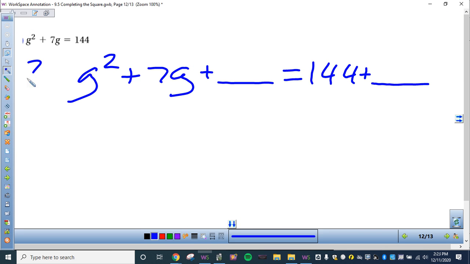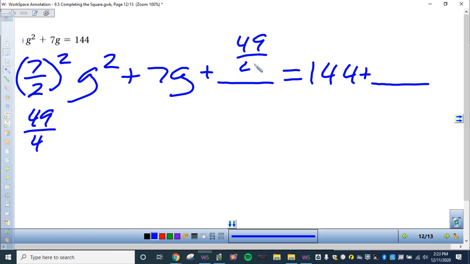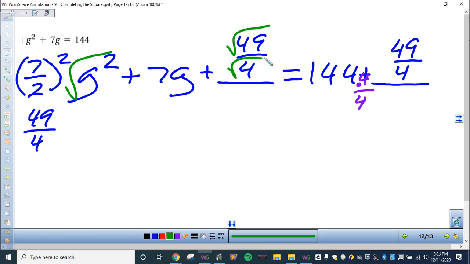Okay, Ashley, 7 over 2 squared, 49 over 4. So we're going to multiply the 144 by 4 over 4. We're going to think about square rooting the A and C term, except writing the square roots in numerator and denominator.